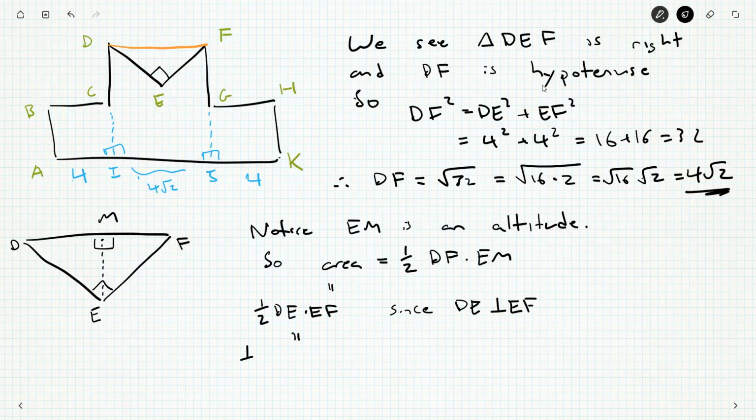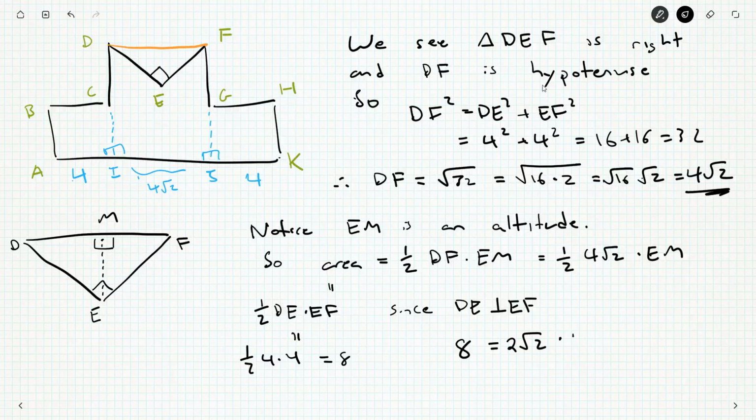So this area is 1/2 times 4 times 4, which is 8. So 1/2 DF times EM is 8. This is 1/2 times 4 root 2 times EM. 1/2 times 4 is 2, so 8 is 2 root 2 times EM. And if I rearrange, EM is 2 root 2.